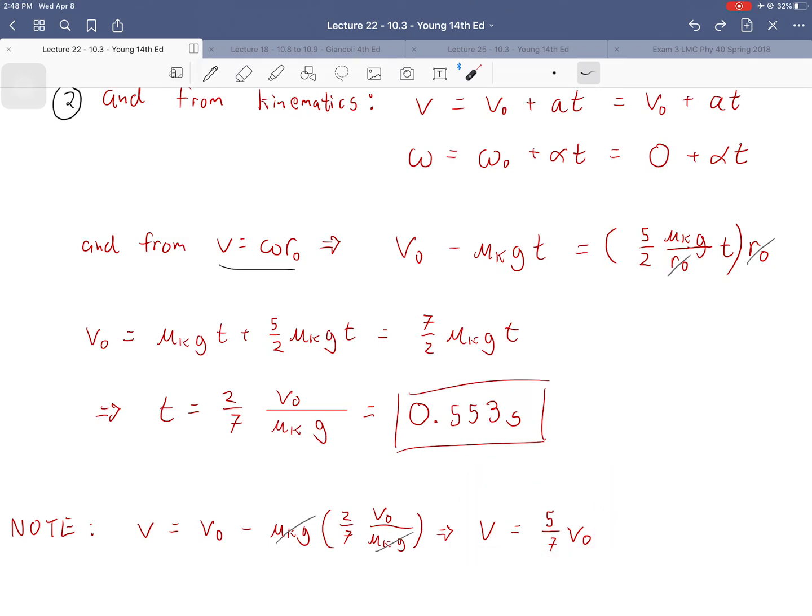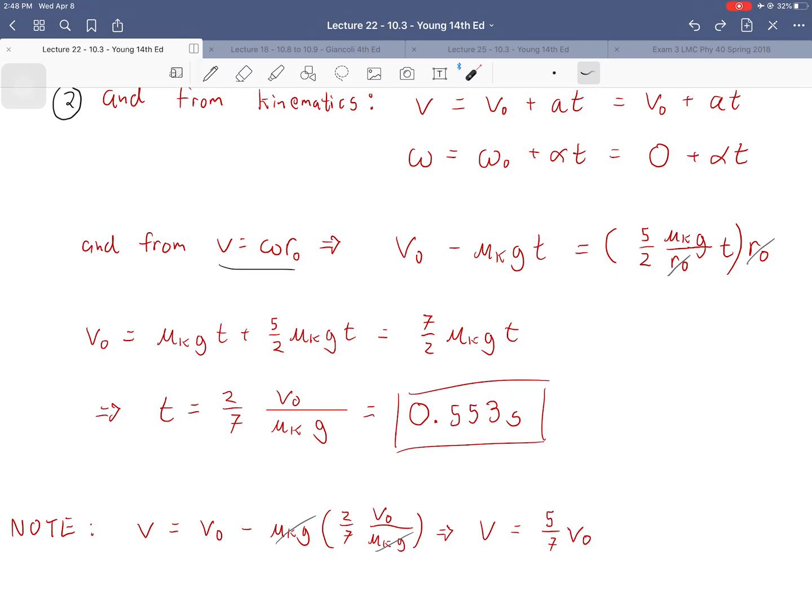Furthermore, I then can find out that the final velocity is 5/7 of v naught. Because if I plug this symbolic result for t back into my velocity equation, I have this really fascinating result.